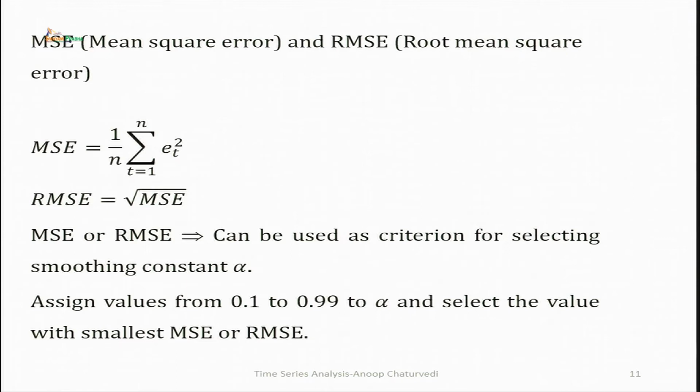In practice, we obtain the forecasted values for different values of alpha. We assign values from 0.1 to 0.99 to alpha, or you may even start from 0.01 and go up to 0.99, and select the value with the smallest MSE or root mean squared error. So, this is how you can proceed.